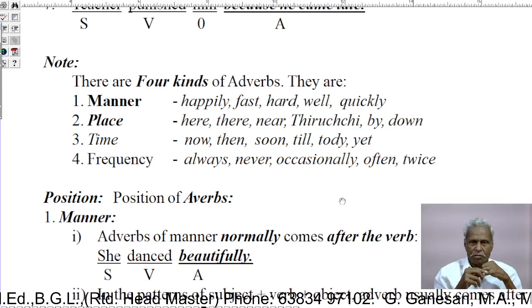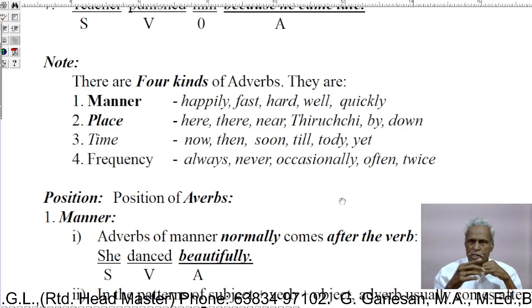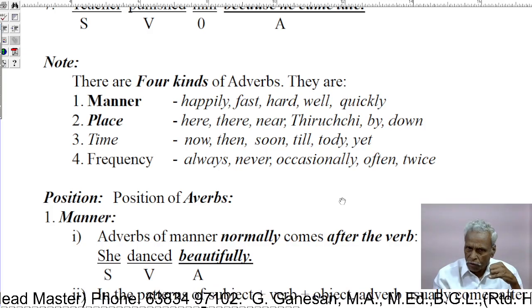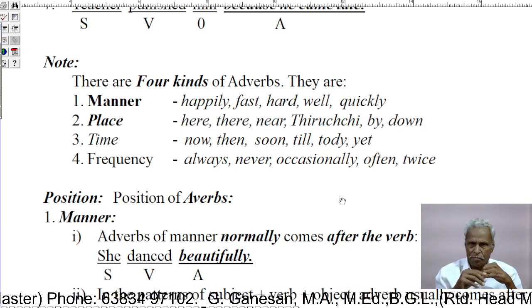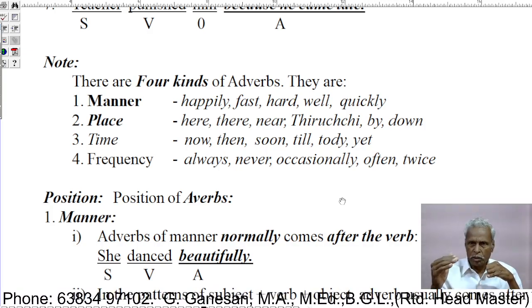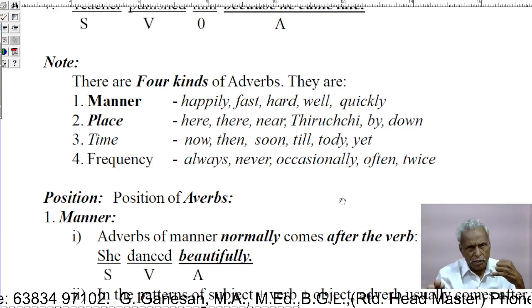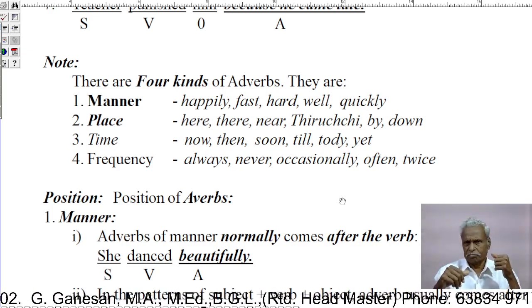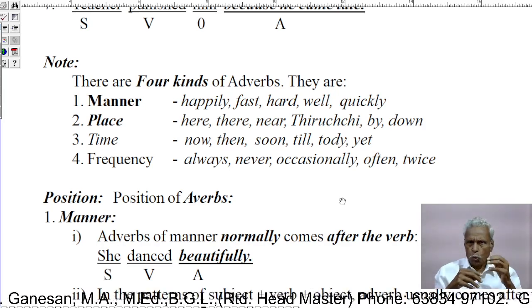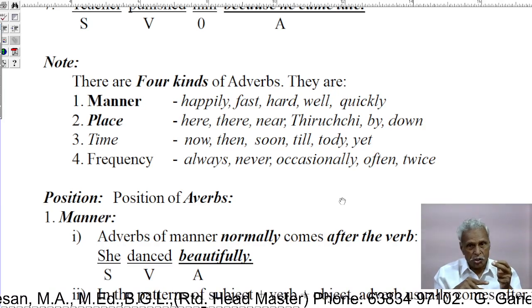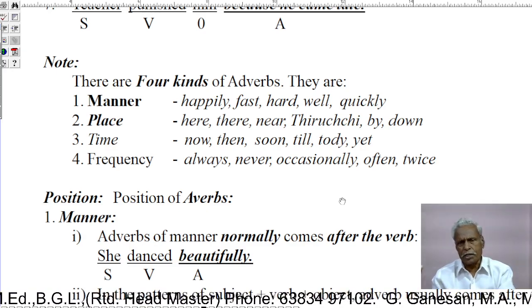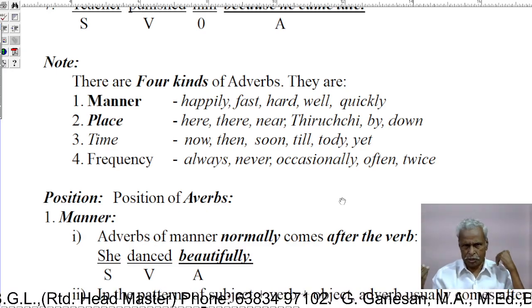Then place: here, there, upstairs, downstairs, etc. They refer to place. Time: now, then, soon, till, today. They refer to time. Then frequency, that is, how often: always, never, occasionally, often, twice, once, etc. These are the four kinds of adverbs used in English.